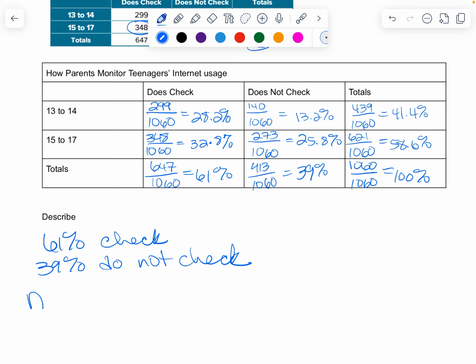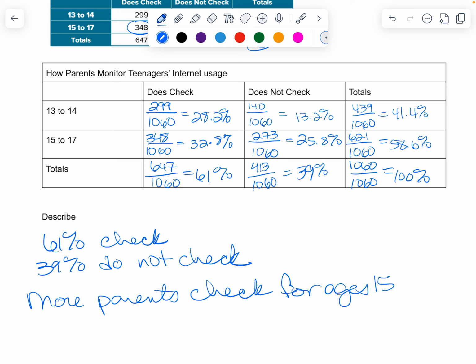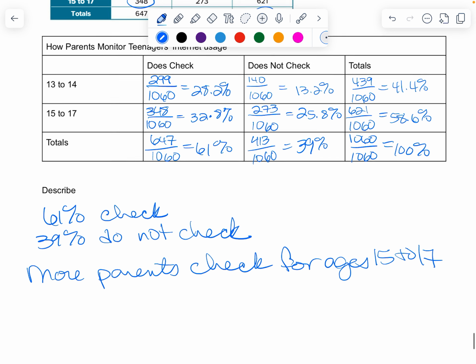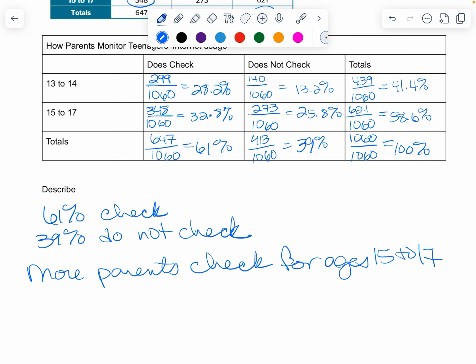We know that more parents check for ages 15 to 17. Okay, nice.